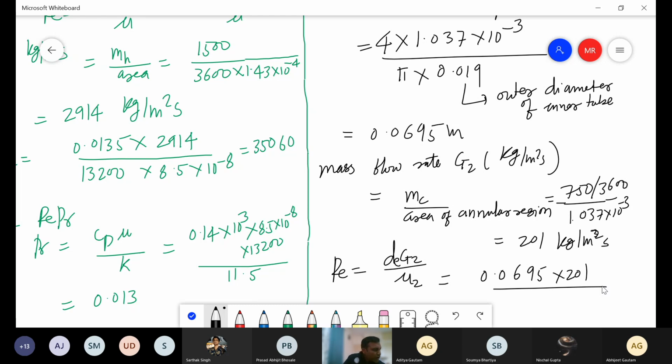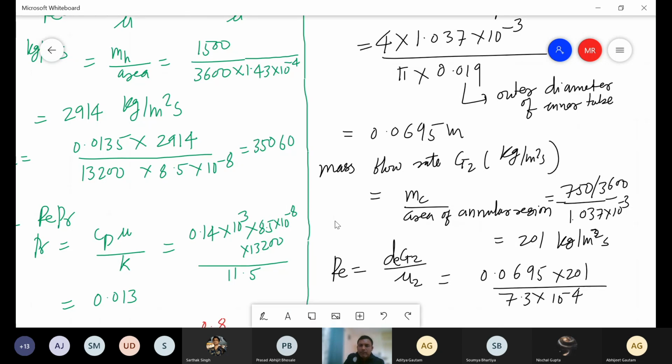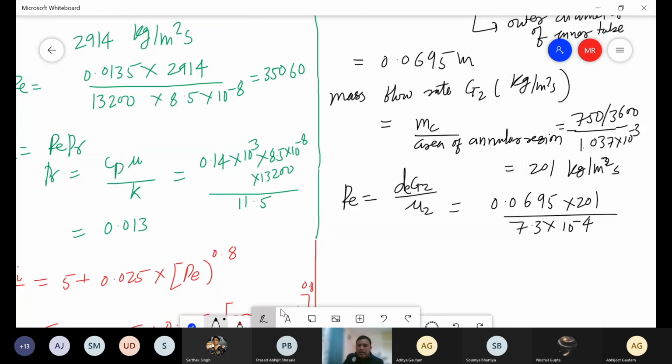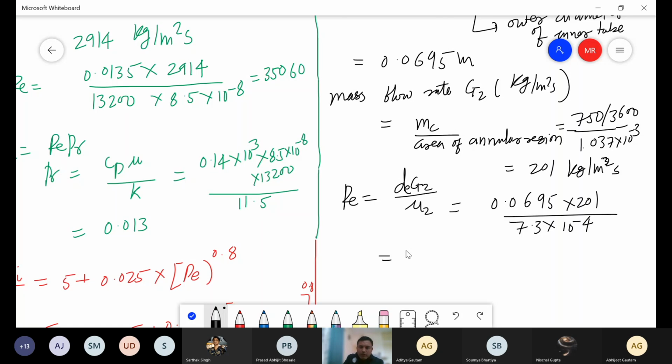Viscosity of the water given in the problem is 7.3 into 10 raised to the power minus 4. So with this, the Reynolds number comes out to be 19136. Is it correct? Yes.